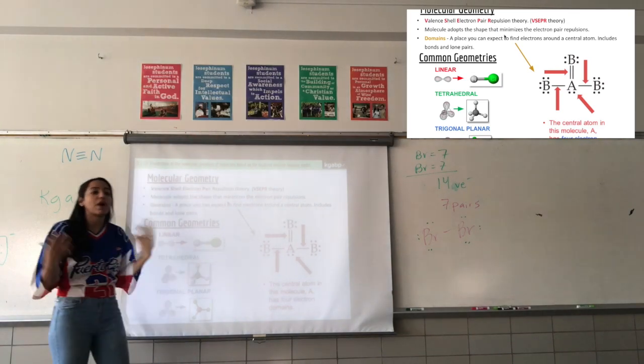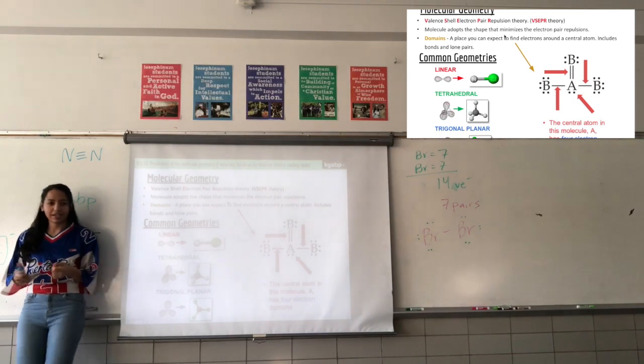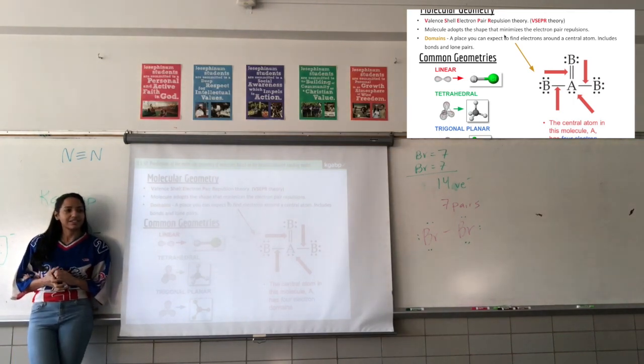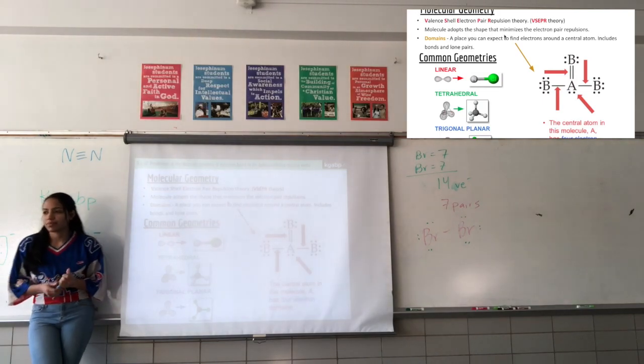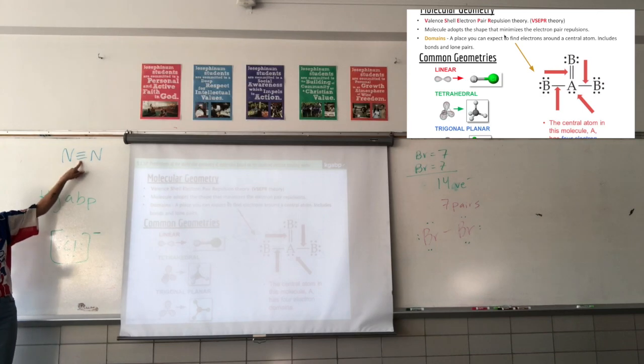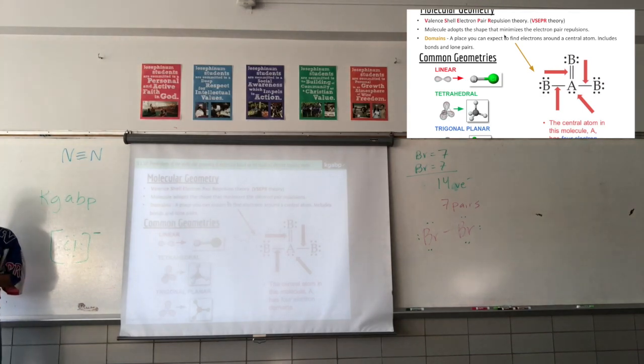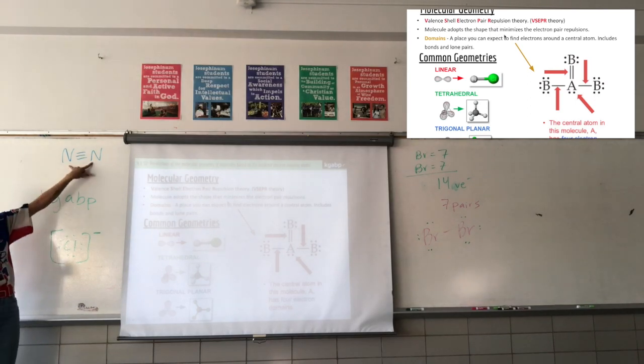Does somebody want to tell me why? It's okay if you're wrong, you guys. I just want to know what you're thinking. Bethany: I think it's one because it's one domain where they're sharing it, so it follows the octet rule. Okay, so it's one domain because they're both sharing it with each other?